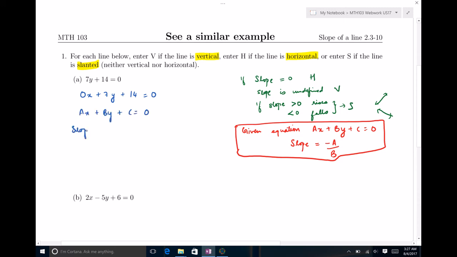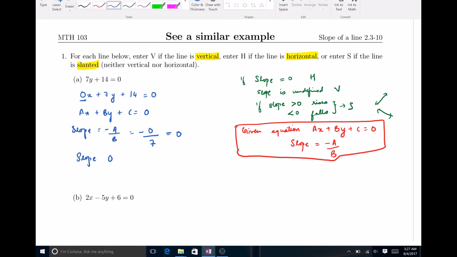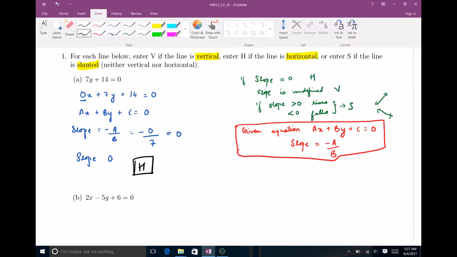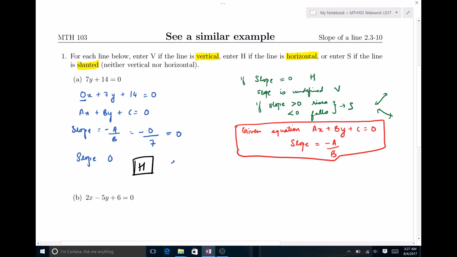Now remember that the slope is given by negative a over b, so in this case the slope is given by negative a, which is 0, so negative 0 over 7. Negative 0 over 7 is nothing but 0. So in this case, since the slope is 0, you can tell that the answer is that the line will be horizontal. This is a line that will look like this.